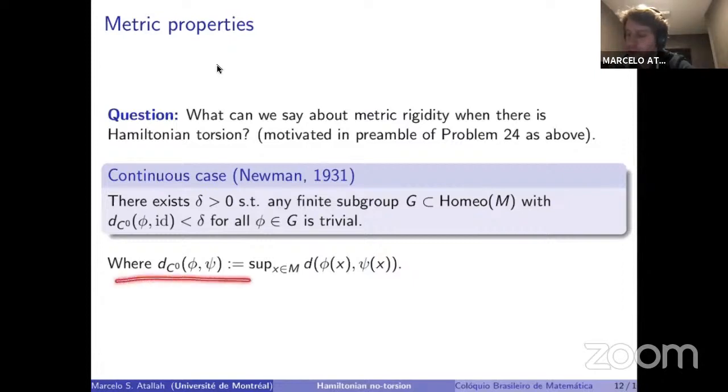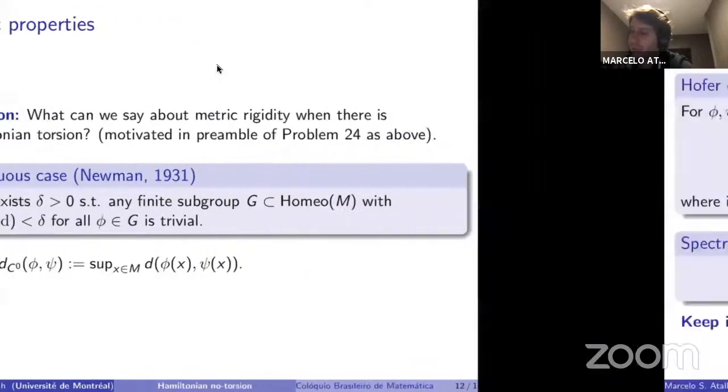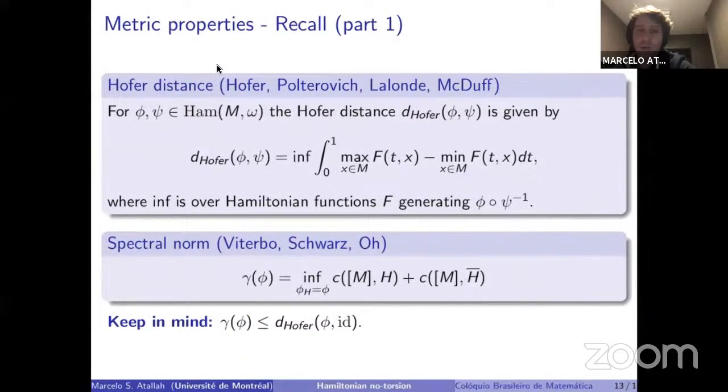So here I just wanted to recall the definition of the C0 distance. And what we did was prove an analogous theorem, at least in the symplectic setting. So instead of considering the C0 distance, we looked at the Hofer distance and the spectral norm. Here I just recall what those are.